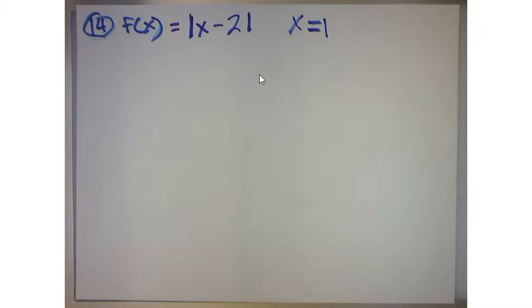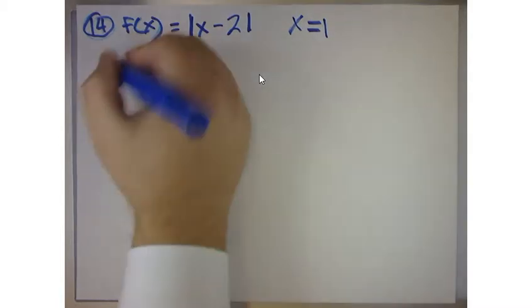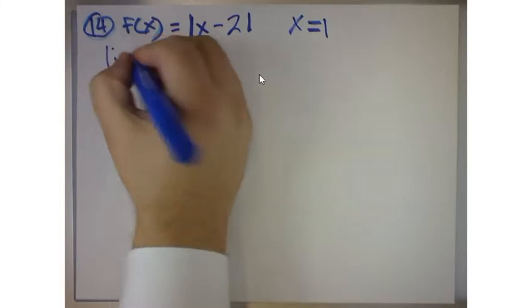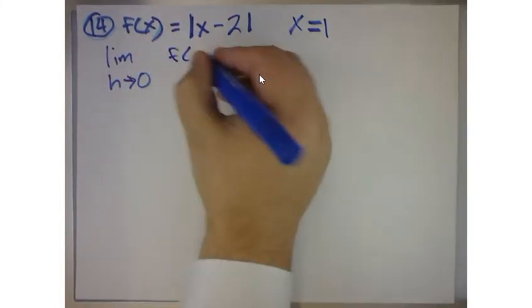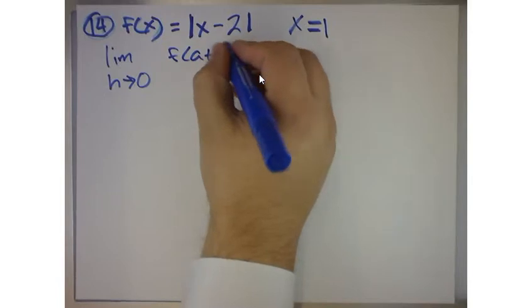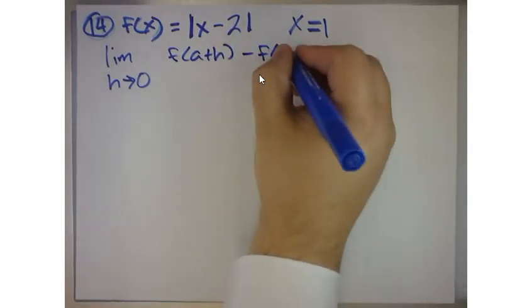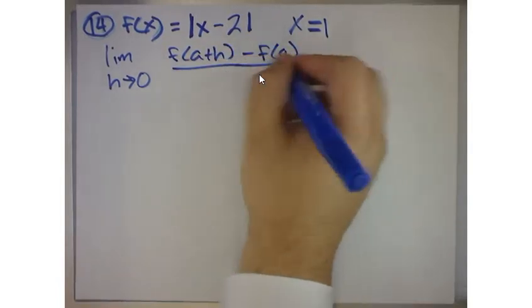All right. This is where what throws us off is this absolute value bracket. It shouldn't. We're going to do this the exact same way that we've done all the other problems. f of a plus h minus f of a, all over h.